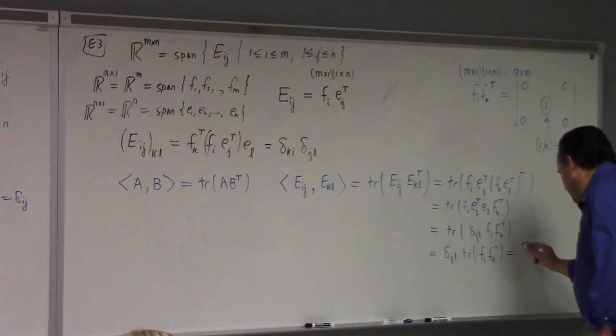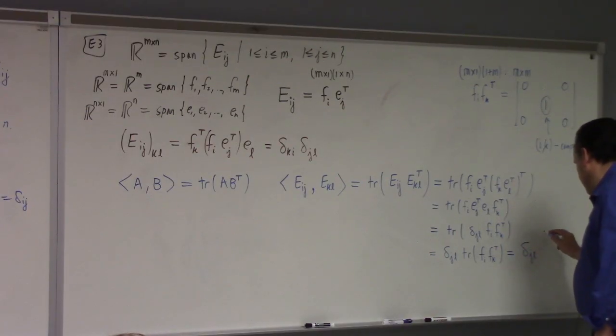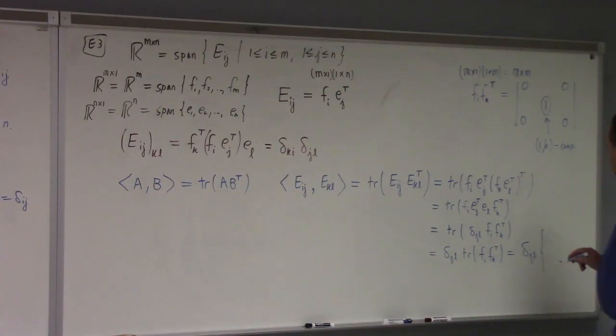This is Kronecker delta JL times what? 1 if I equals k, 0 if I is not equal to k, right? Do you see why that is?